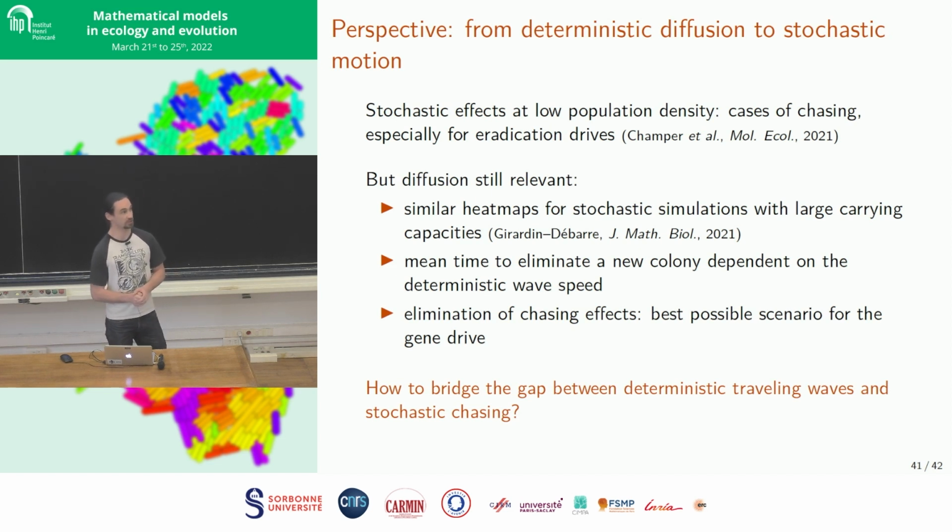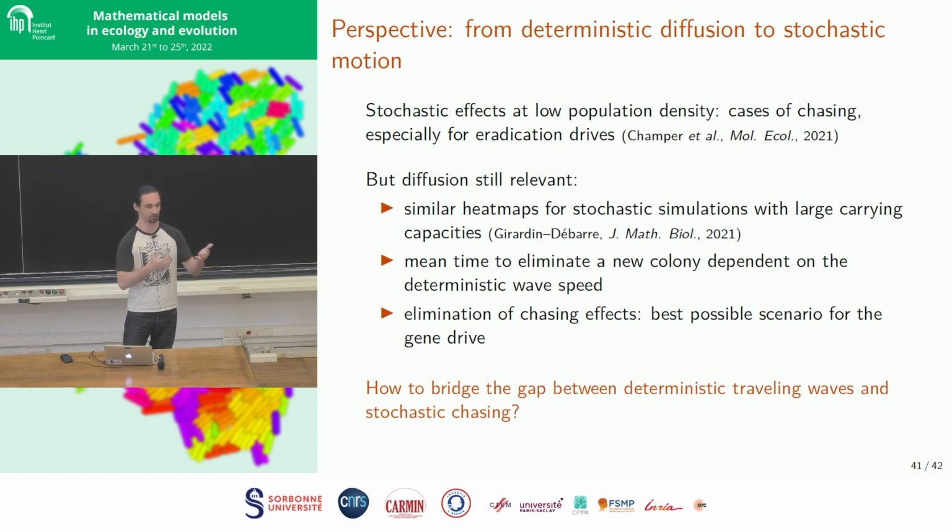The second reason is that the mean time to eliminate a new colony formed by this kind of incursions in the wiped out territory is going to depend in some simple way, I guess, on the deterministic wave speed. And the third reason is that by eliminating chasing effects, so by considering the deterministic system, you're actually looking for the best possible scenario for the drive.